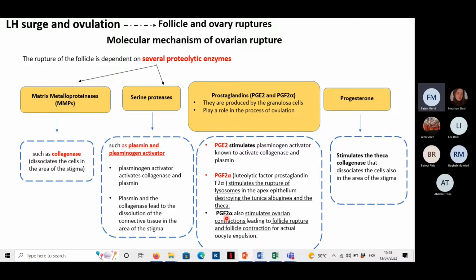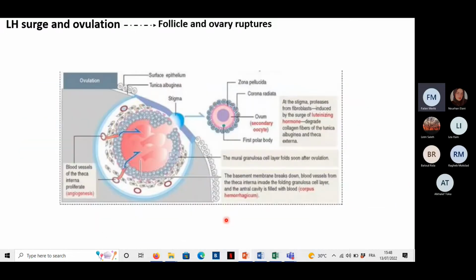If you remember, we have talked in chapter 2 about the action of prostaglandins, and also in the male reproductive system, we said that we will have production of prostaglandins that will lead to contractions of the smooth muscles. Here also we have this prostaglandin F2 alpha that can act on the theca cells, because in the theca interna we have smooth muscle cells.